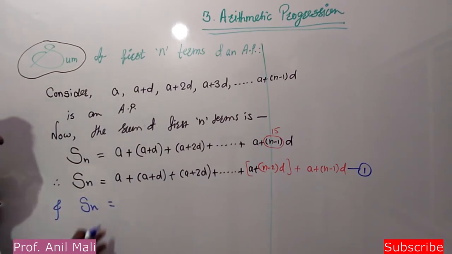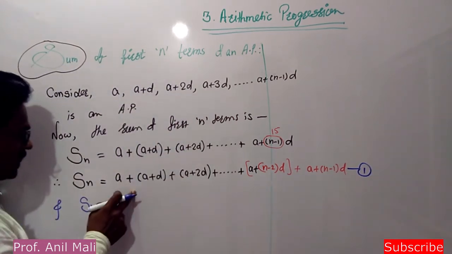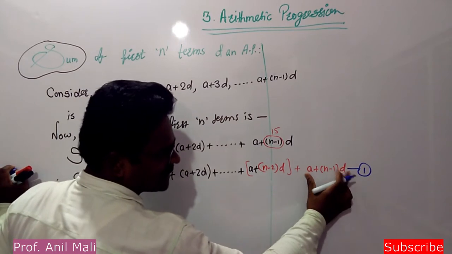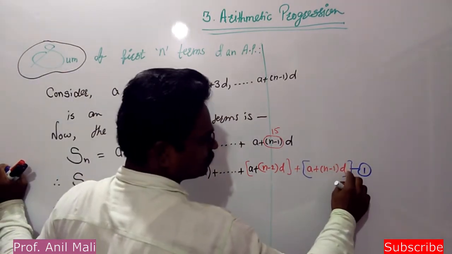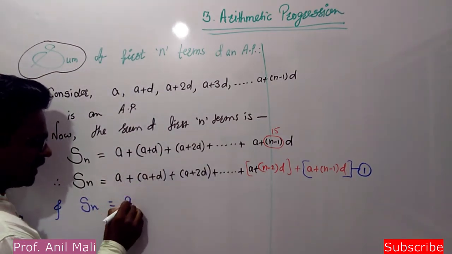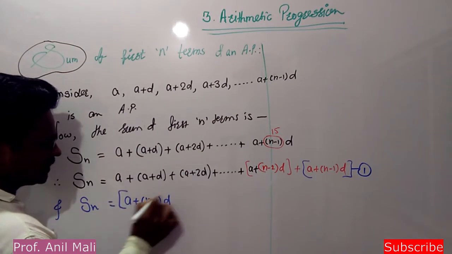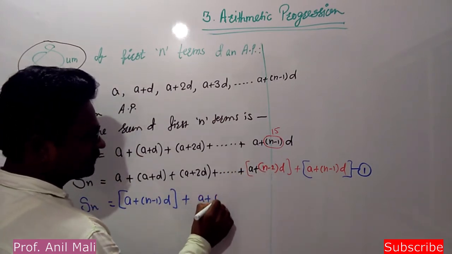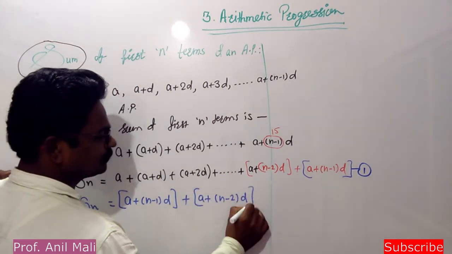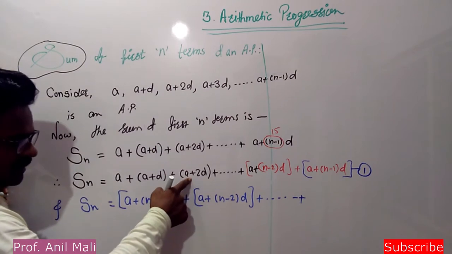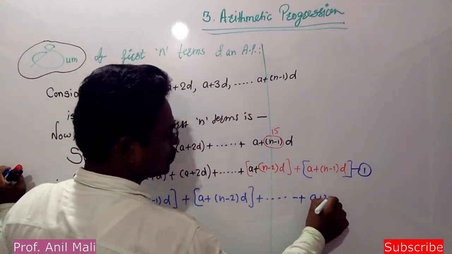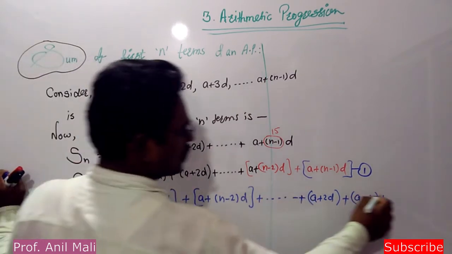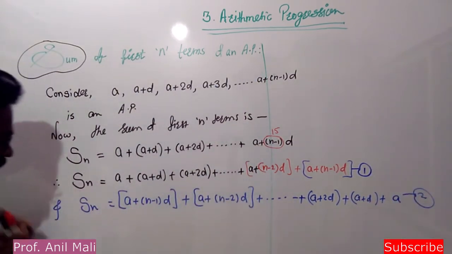Can we write the same sum in this way, taking the last term first? The last term will be our first term, A plus n minus 1 into D, plus the second last, which will be my second term, A plus n minus 2 into D, plus and so on, plus the third last term A plus 2D, plus A plus D, plus A. This is, suppose, equation number 2.